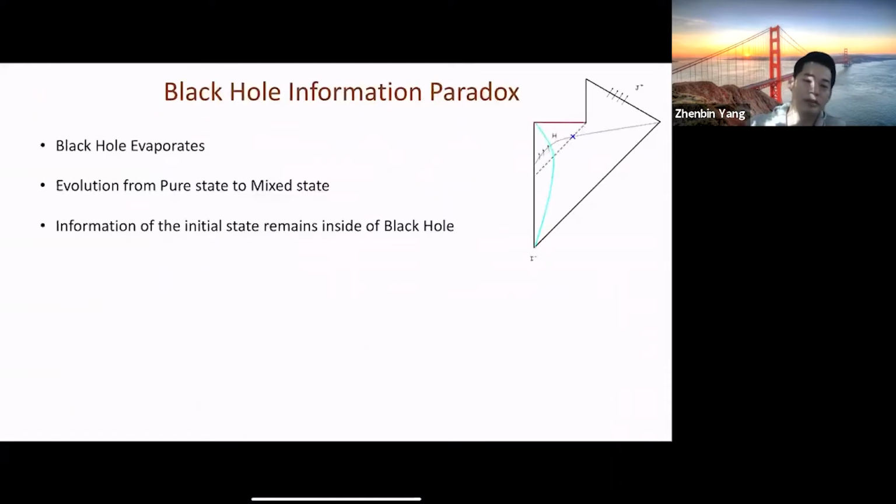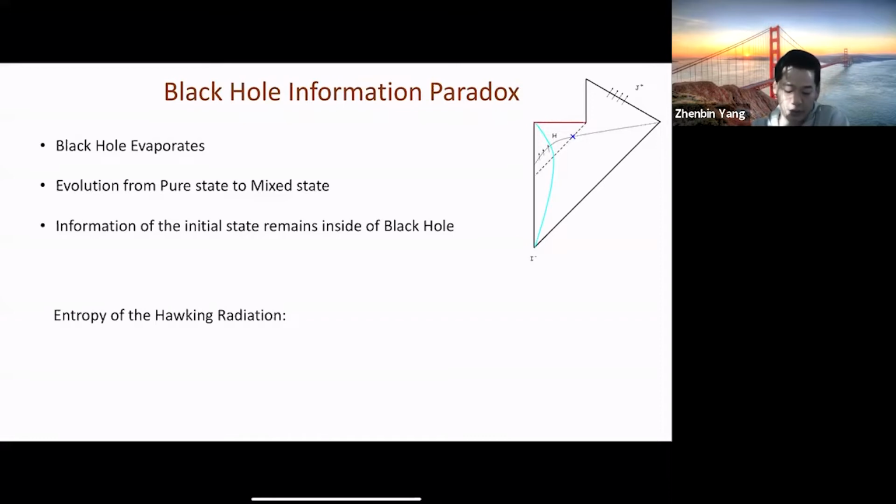As most of you know, another familiar puzzle is the black hole information paradox, where we consider forming a black hole and letting it evaporate. In the classical picture, it describes an evolution from a pure state to a mixed state. Moreover, the information of the initial state remains inside the black hole.